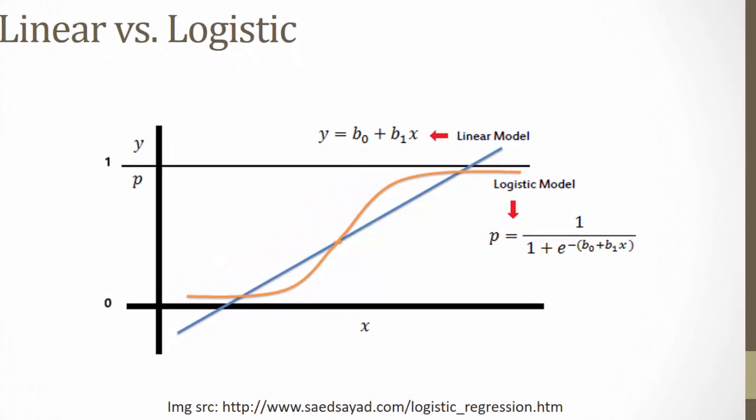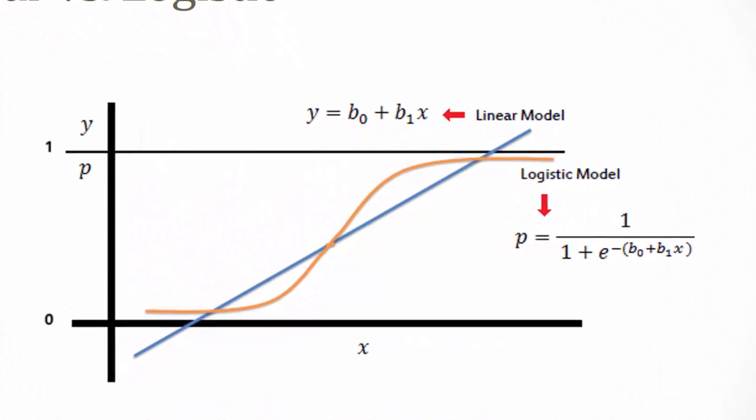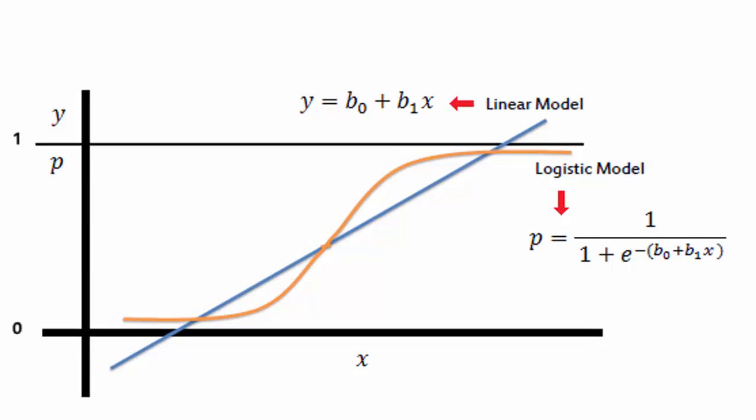Now let's take a look at this chart in order to understand the difference between linear and logistic regression better. Imagine that our target variable is response to an advertisement campaign, and we model this so that if more than a certain number of customers buy our product, then we consider the response to be successful and we consider it to be 1.